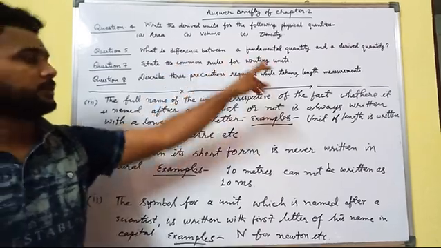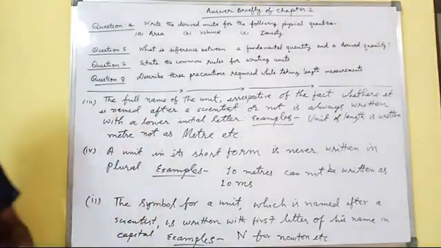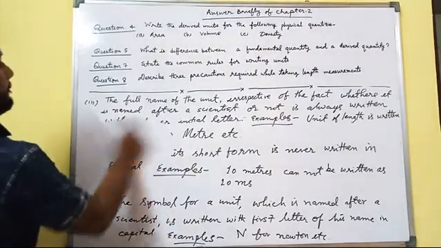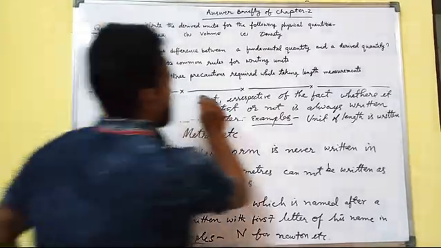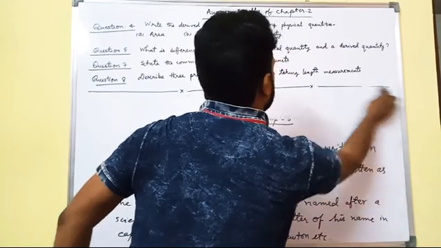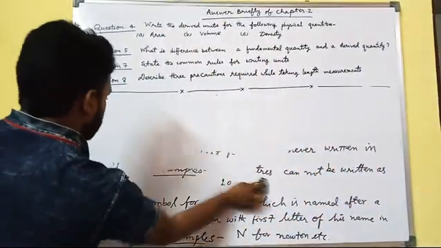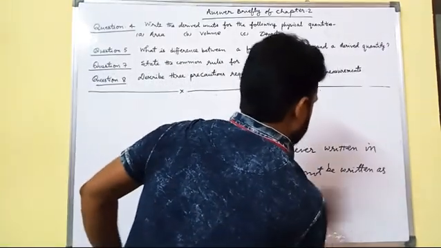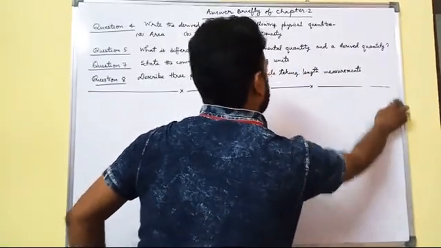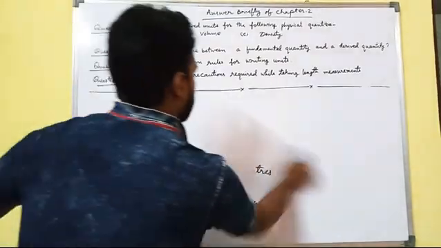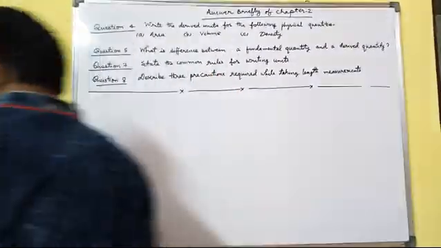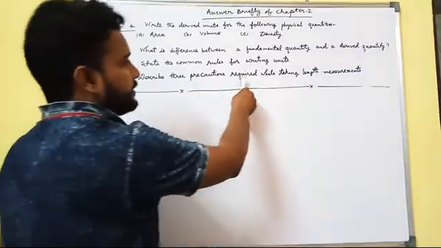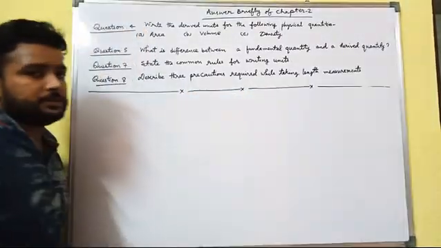State the common rules for writing units. Now question number 8. Question number 8 is: describe 3 precautions required while taking length measurement.